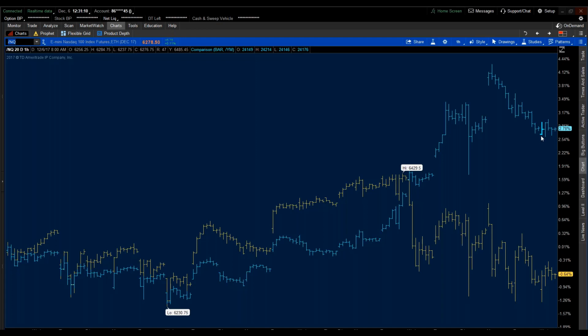But if we just use this example in front of us, and just remember the Dow is the light blue, and the NASDAQ is the yellow. I'm just going to call them blue and yellow.